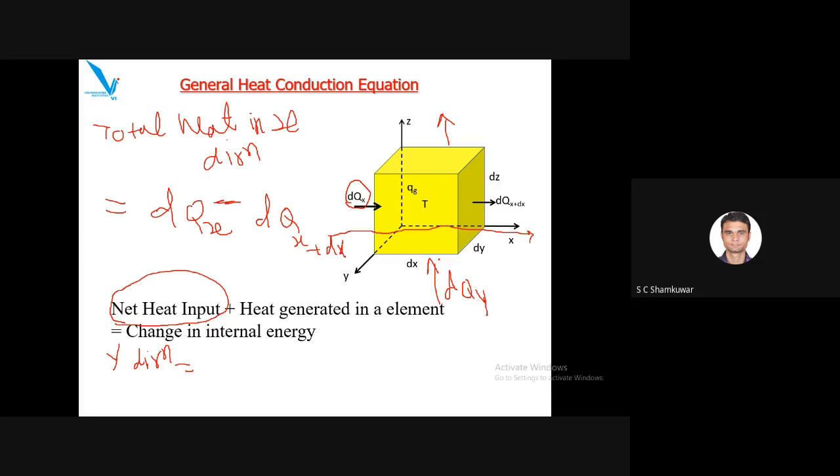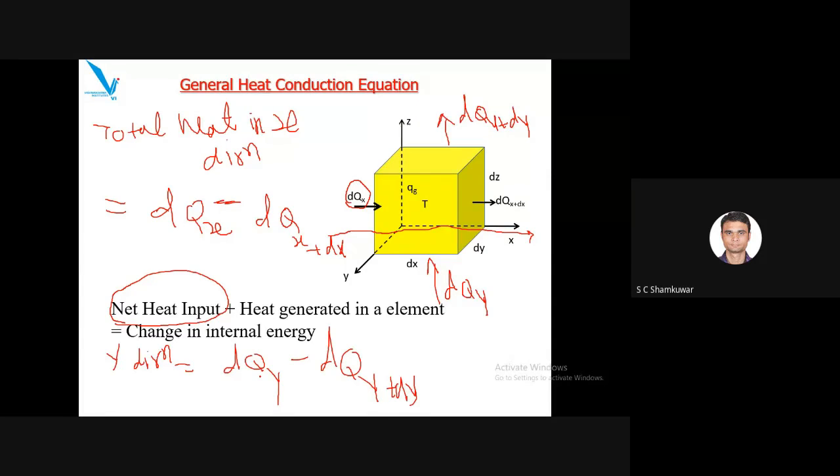From here the heat will enter in the y direction, and from here the heat will leave, dq y plus dy. So the total heat input in the y direction will be dq y minus dq y plus dy.